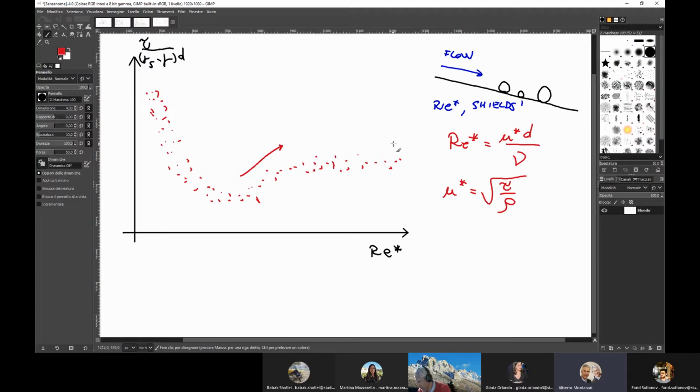But after a while, he came to a plateau, constant. So the Shields number remained constant for increasing Reynolds star after a certain limit. This is the domain of turbulence.